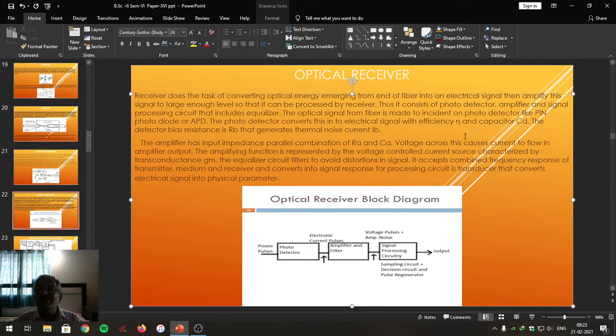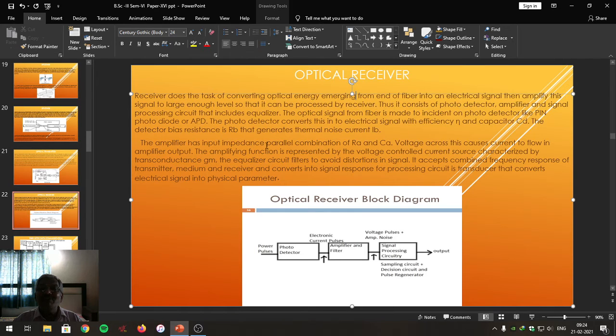The efficiency of the converting device is eta. Capacitor CD: as the photodiode is used in reverse bias, the diode capacitance which is generated internally is represented here. The detector bias resistance RB generates the thermal noise current IB. All of these terminologies relate to the amplifier and filter aspects.